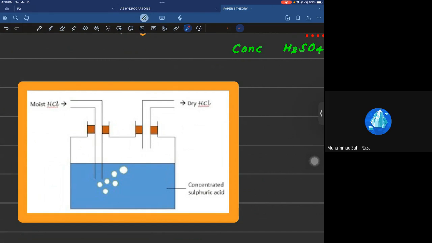And afterwards, when it's leaving the container, it's now the dry HCl. So of course, your concentrated sulfuric acid has absorbed water.